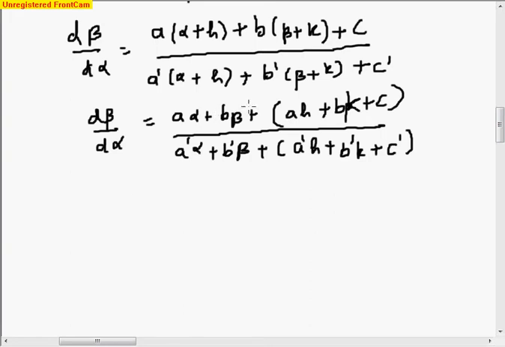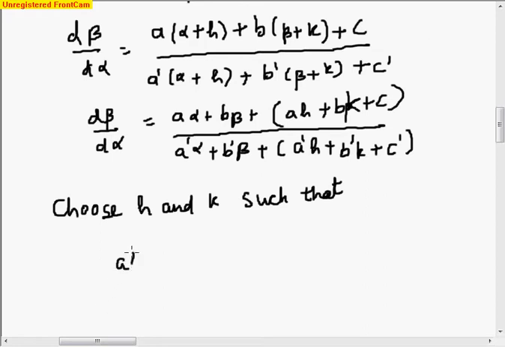What I wanted is for these two terms, this term and this term, to be 0. So I'll choose h and k such that ah plus bk plus c is equal to 0 and a dash h plus b dash k plus c dash is equal to 0.